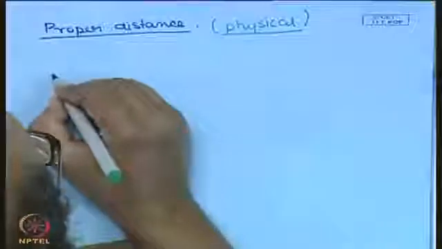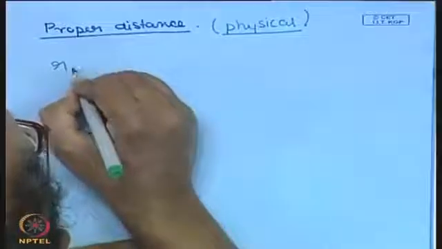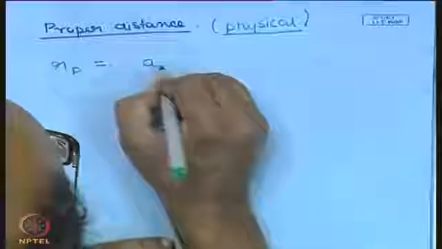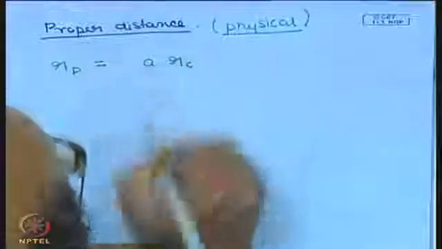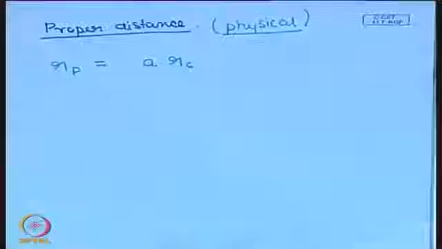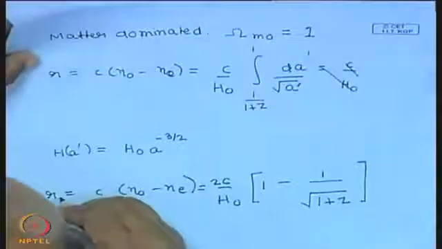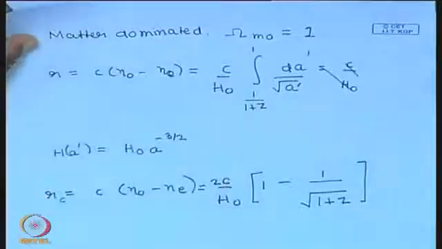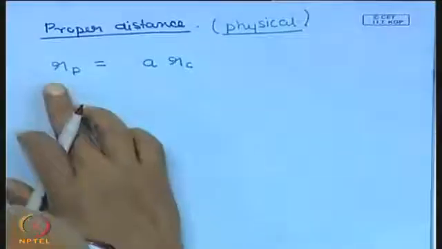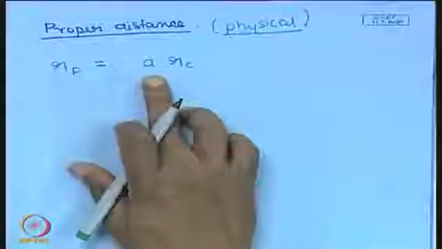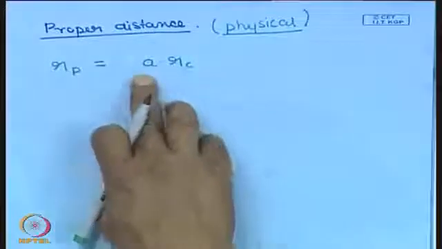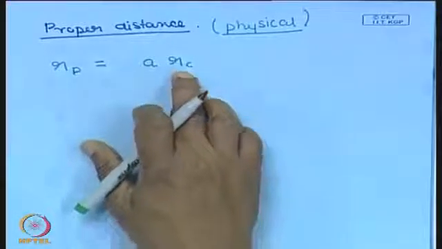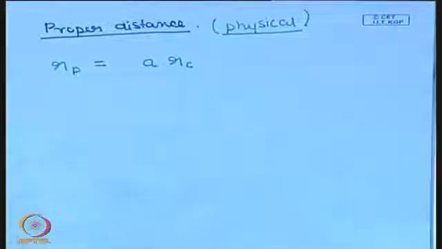And the proper distance r proper is equal to the scale factor into the r comoving. So if I call this r comoving, then the proper distance is the scale factor into the comoving distance, and the scale factor is a function of time. So given a fixed comoving distance, the physical or proper distance keeps on changing with time.